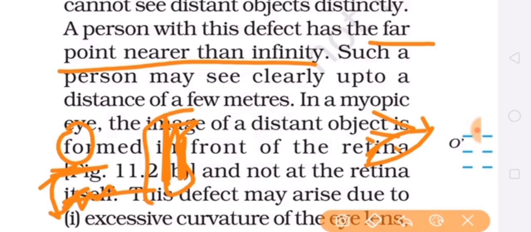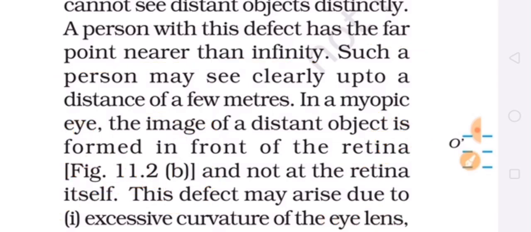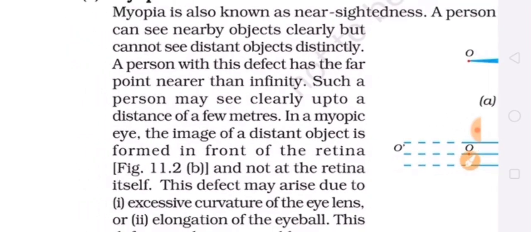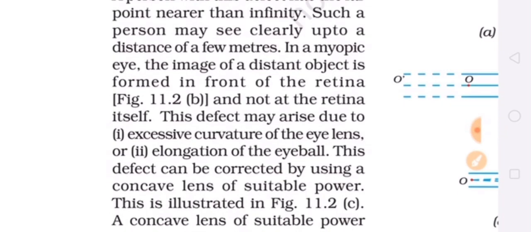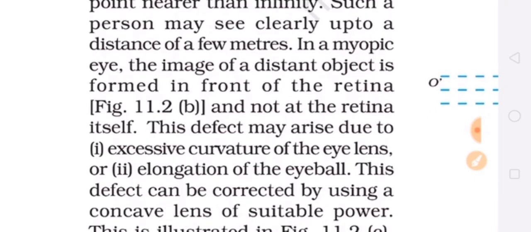It means such a person can see clearly up to some distance only, a distance of only a few meters. He cannot see up to infinity, at which distance the normal eye can see. So this is the definition of myopia, that it is known as nearsightedness, and the person can see nearby objects clearly but cannot see the far away objects distinctly.